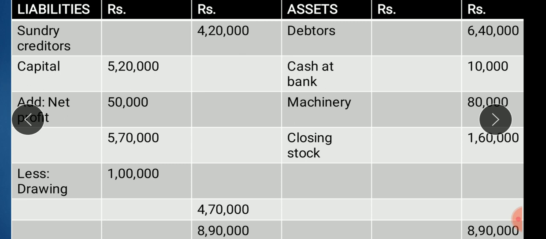What is drawings? A proprietor takes some amount for personal use. So we get the total value 4,70,000. And then asset side: debtors 6,40,000, cash at bank 10,000, machinery 80,000, closing stock 1,60,000.